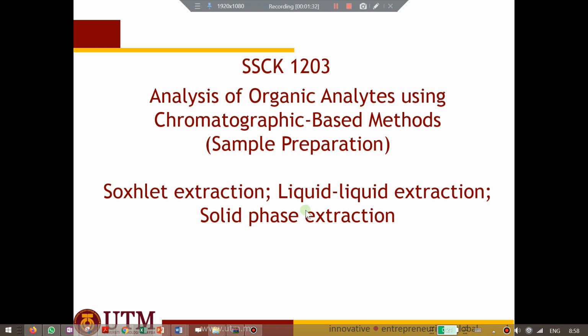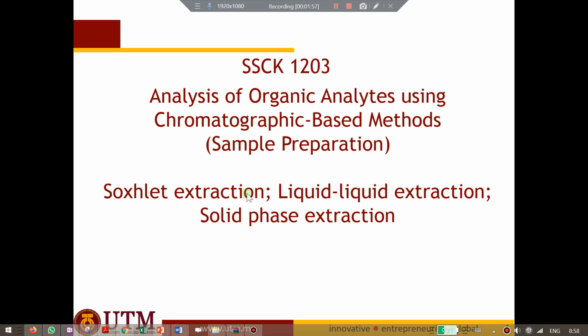So among the sample preparation techniques are the solid extraction, liquid extraction and solid phase extraction. Kita ada juga sebenarnya gas extraction ataupun SPME, but kita akan fokus pada tiga ni sahaja.